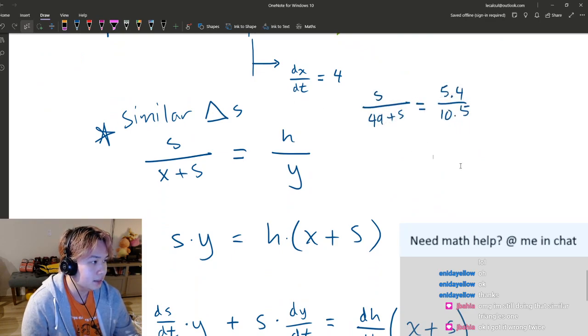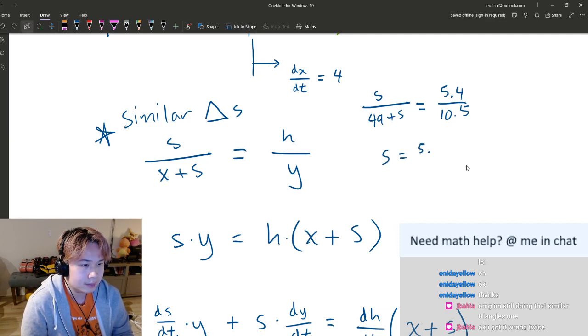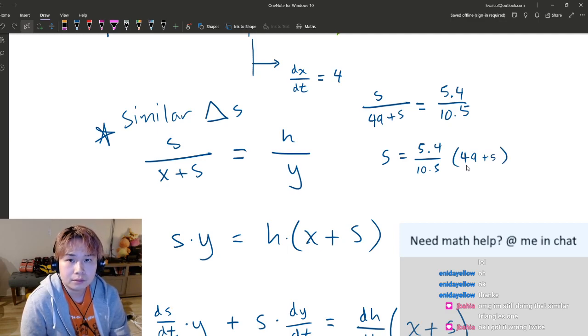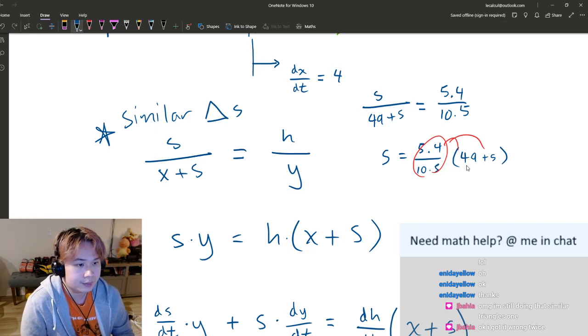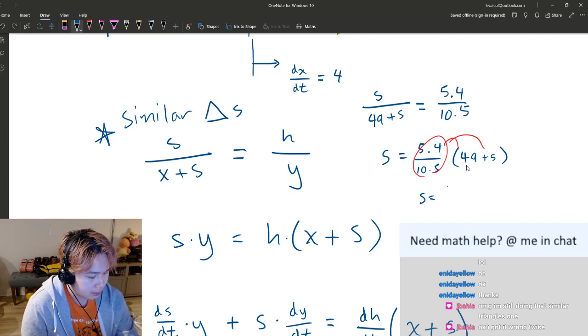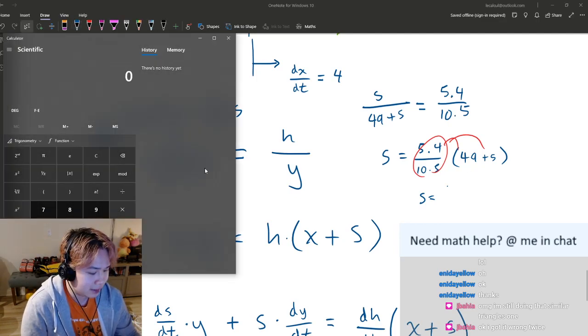So we're going to go through the same thing. I need to multiply that 49 plus S over here. And then we're just solving for S, so, you know, algebra, simplify first, collect my S's, and then get S. So I have S is equal to, is 5.4 divided by 10.5 a nice number?